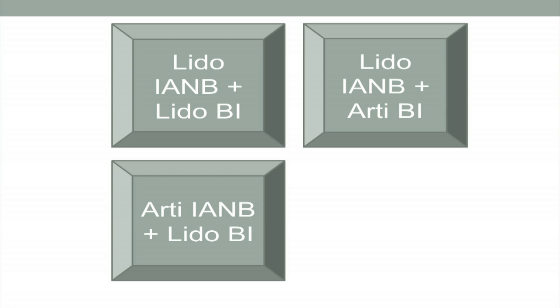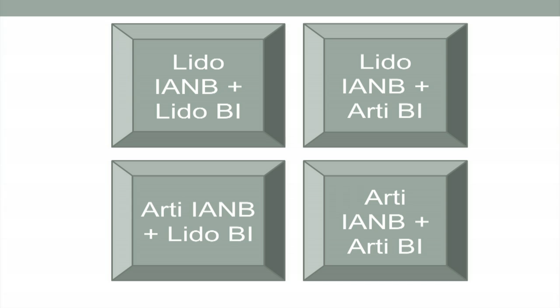A third group received the initial inferior alveolar nerve block with articaine followed by buccal infiltration with lidocaine. And finally, the fourth group received both injections using articaine. Interestingly, the lidocaine buccal infiltrations produced only a 29% success rate, while those in the articaine buccal infiltration groups had a 71% success rate.